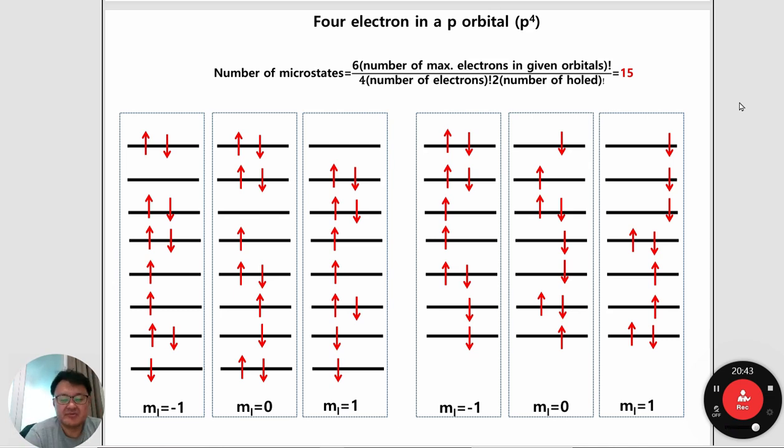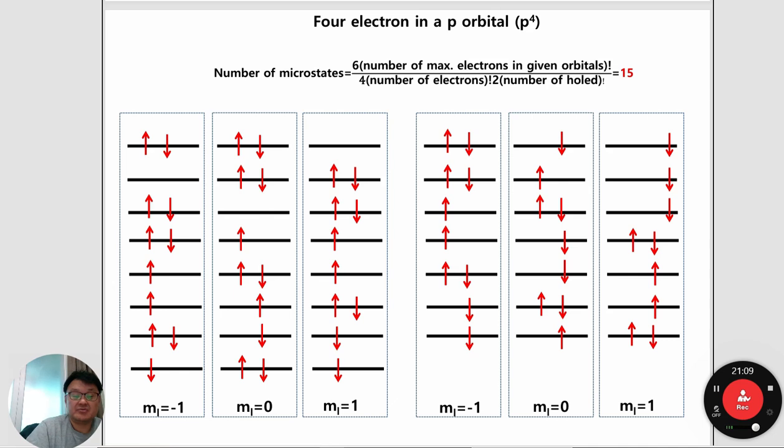But the basic idea is the same: make some tables from the possible microstates, attribute each table to some term symbols, and then apply the Hund rule to determine the relative energetic stabilities of different energy levels.